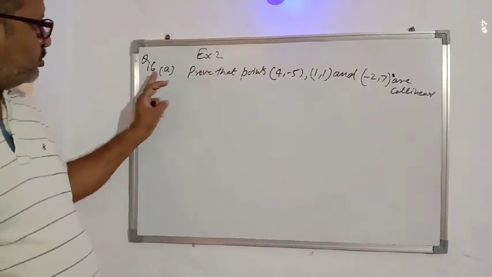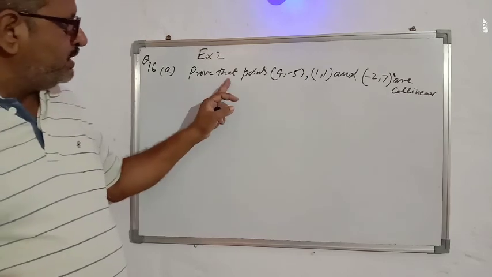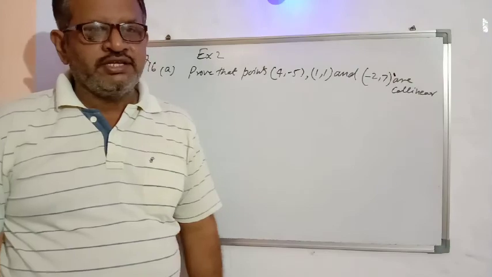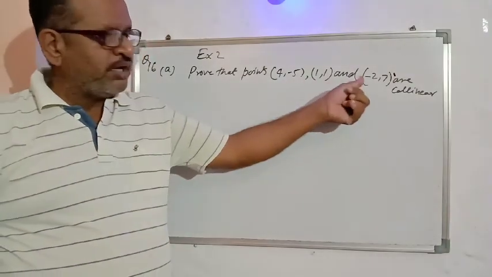See exercise 2, question number 16a part. Prove that points (4, -5), (1, 1) and (-2, 7) are collinear. We have to prove these 3 points are collinear.